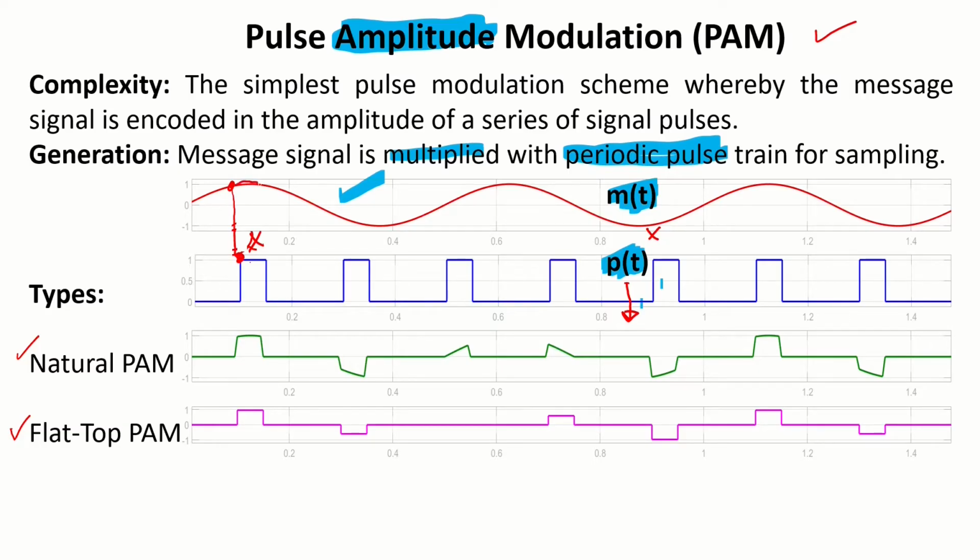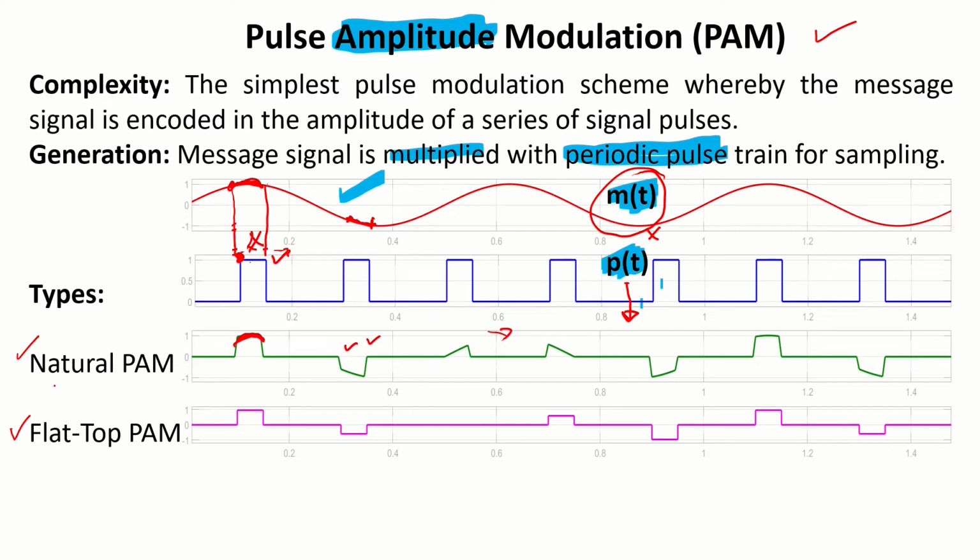Hence this signal would be multiplied with this 1 until the duration of this gate, and this is expressed over here. So we have a curve over here which follows the message signal m of t. At this point we have this section appearing over here and so on.